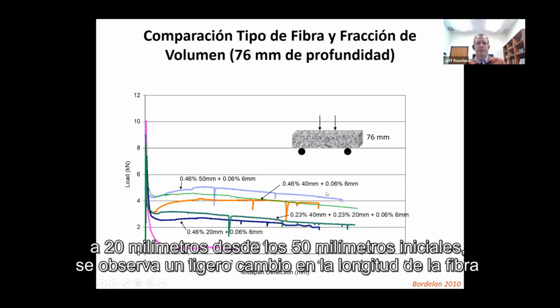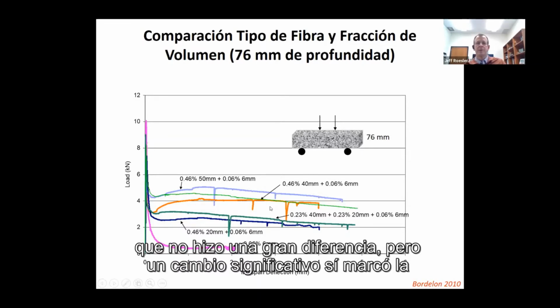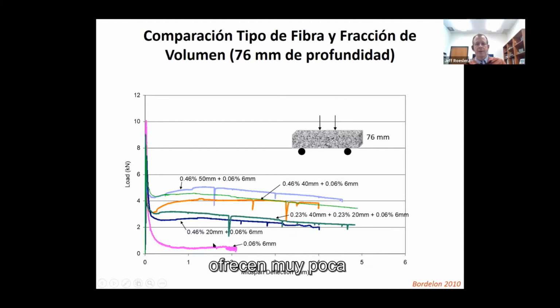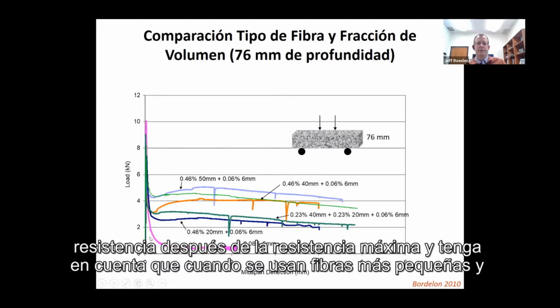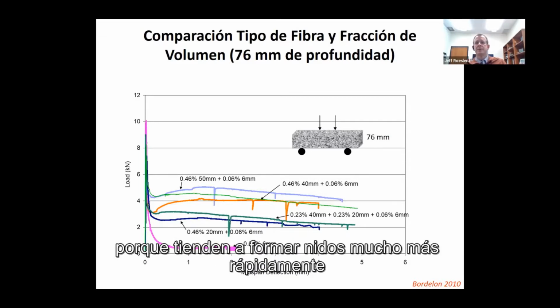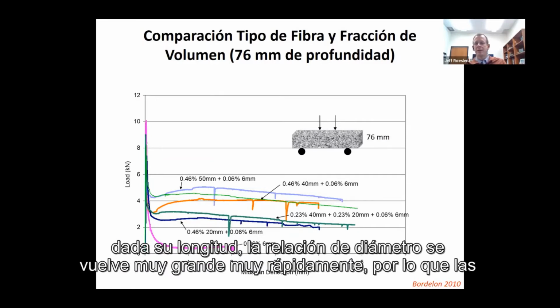Note a slight change in the fiber length didn't make a huge difference, but a significant change did. Note the very small microfibers here offer very little post-peak resistance. And when you use smaller, finer fibers, you can't add as much to the mix because they tend to ball up much more rapidly, given their length to diameter ratio gets very large very quickly.